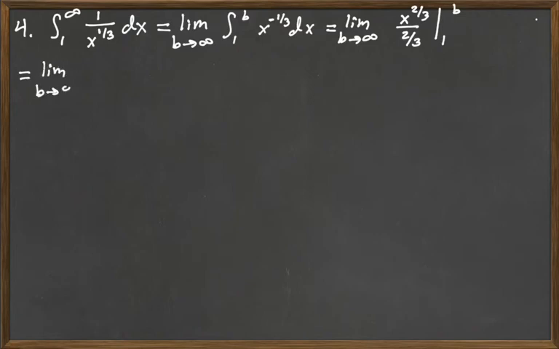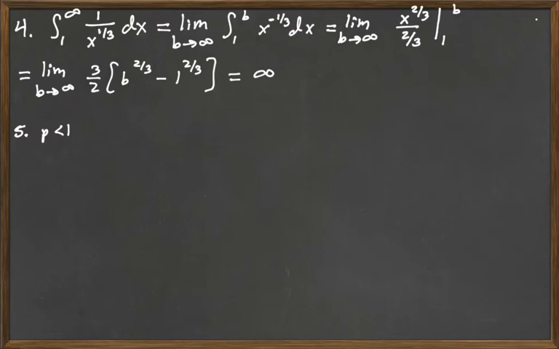So that's the limit as b goes to infinity. Flip the 2/3 over to make it 3/2, times b to the 2/3 minus 1 to the 2/3. Okay, and as b goes to infinity, so does b to the 2/3. That's the cube root and then squared, so that's certainly going to go to infinity. And so this would be a divergent integral.